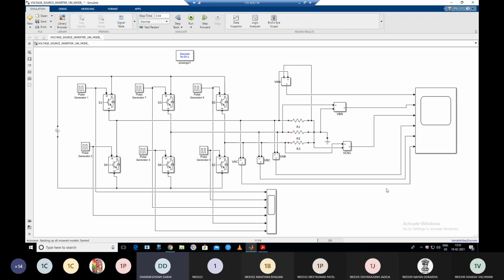I think it takes some time to run the simulation completely, so wait for some time. And please see the waveform of 120 degree mode, phase and line voltage, the theoretical waveform, and let's verify it with this simulation waveform.